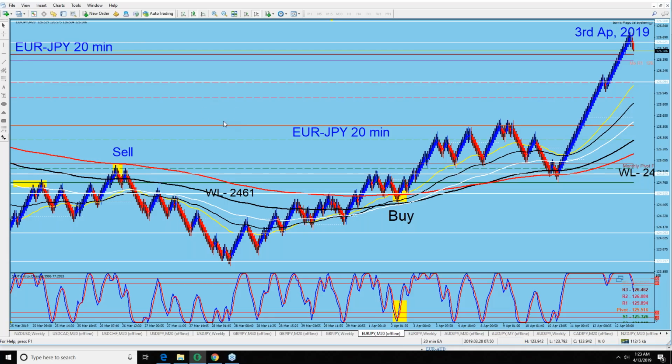Or simply, go and get a signal service. Now, signal service, I don't do signals because the responsibility comes back to me, and I'm interacting with my clients, with my people, with my subscribers. I'm talking to them on Skype, email, back and forth, doing webinars. The signal services out there, they just send you the signals, buy, sell. And if the trade goes bad, who do you talk to?